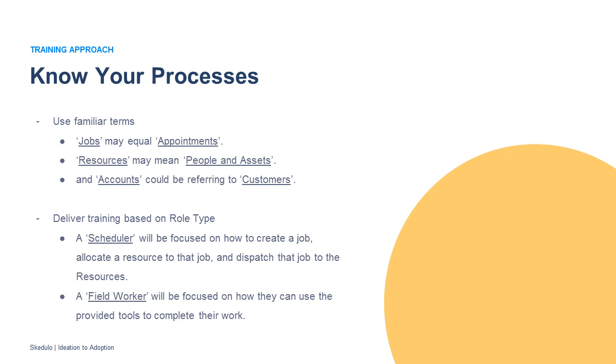Different again, management or executives will want to know how they can have oversight of company performance, other things like resource utilization, customer satisfaction, and so on. You want to ensure that you craft your training to deliver the key information to each audience to ensure that you increase engagement and hold the attention of the room.